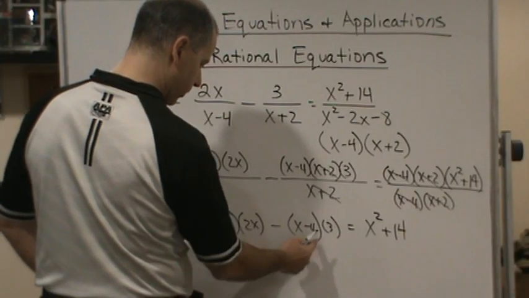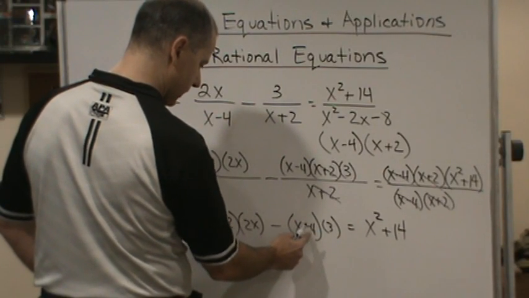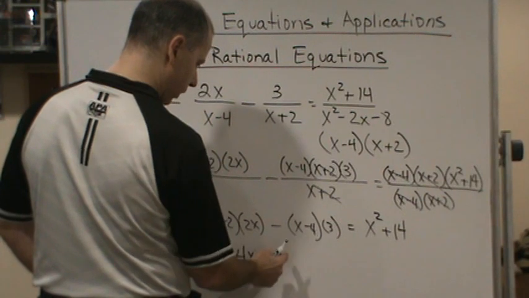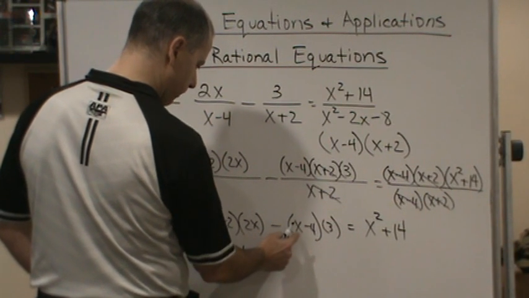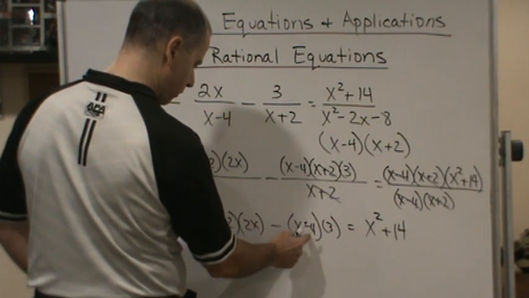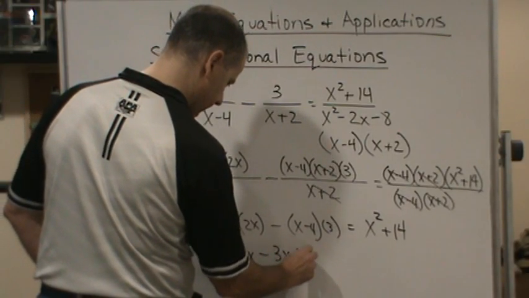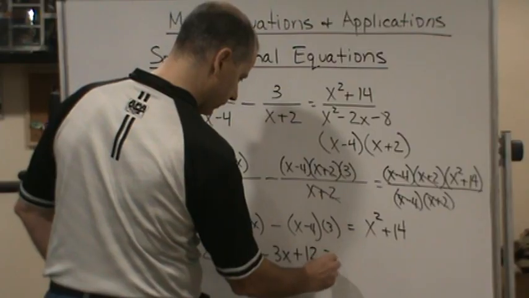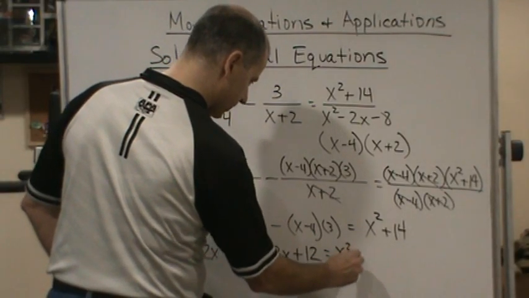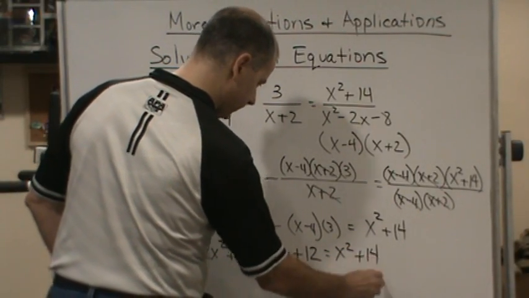If I distribute the 3, this becomes 3x, and this becomes 12. So it'll be minus 3x plus 12 equals x squared plus 14.